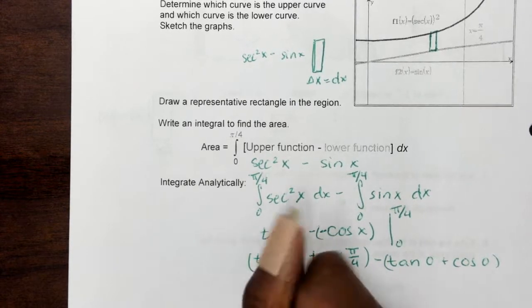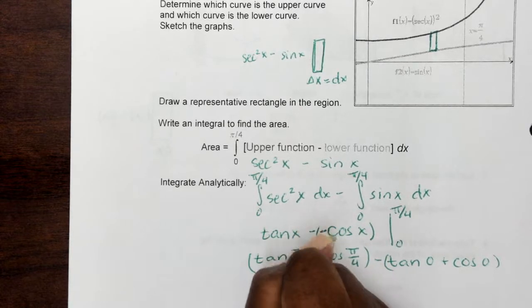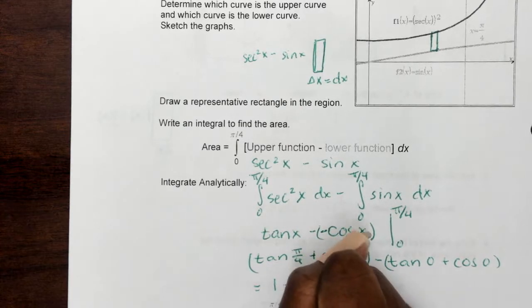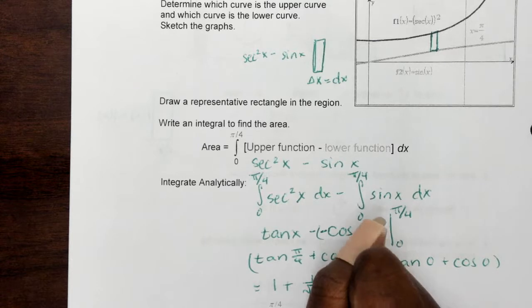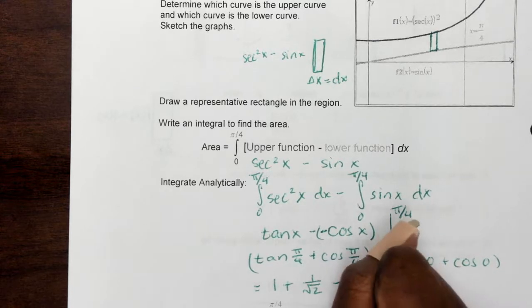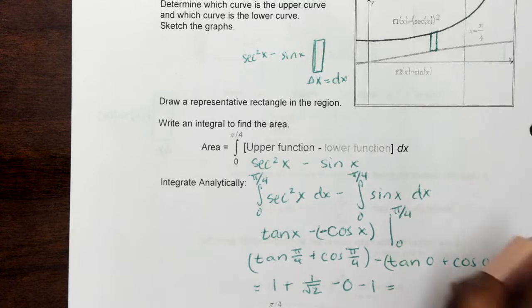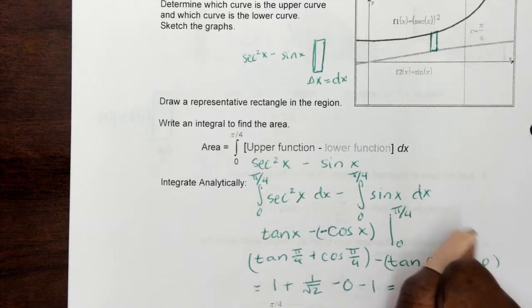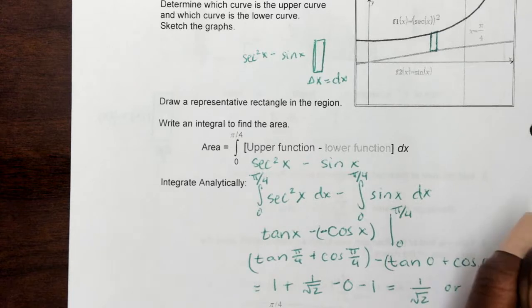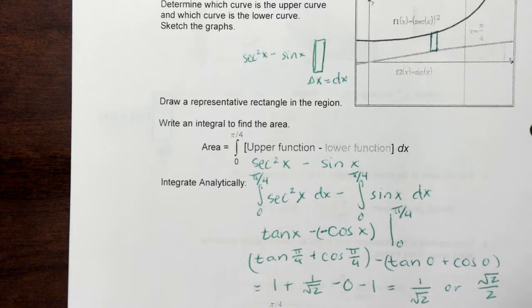So we get 1 plus 1 over root 2 minus 0 minus 1, which is equal to 1 over root 2, or can we write it as root 2 over 2?